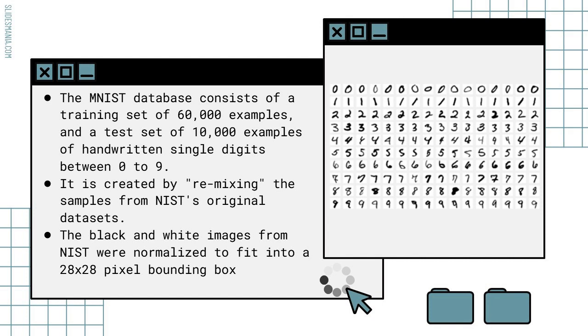The black and white images from NIST were normalized and centered to fit into a 28 by 28 pixel bounding box and are anti-aliased, which introduced grayscale levels. In this work, I have used the MNIST dataset provided by Keras module from TensorFlow library, which is already vectorized and is in NumPy format.